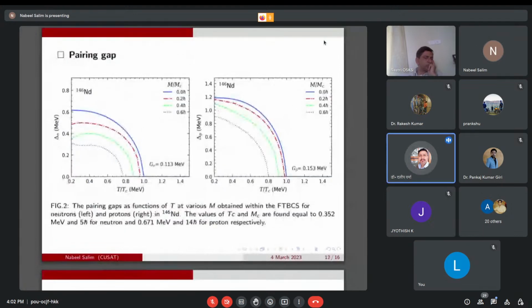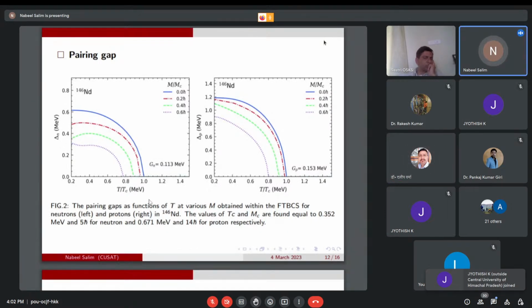What is the range of temperature at which it vanishes? The neutron pairing gap vanishes at 0.352 MeV, and the proton pairing gap vanishes at 0.671 MeV. The plot is normalized, that is the T by TC plot, which is why it vanishes at 1.